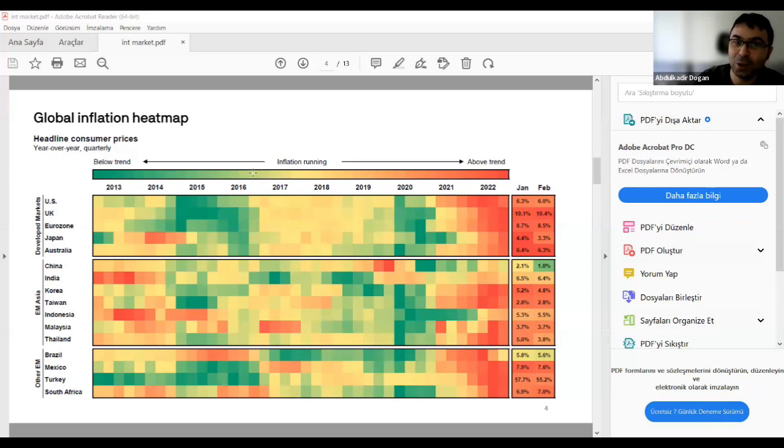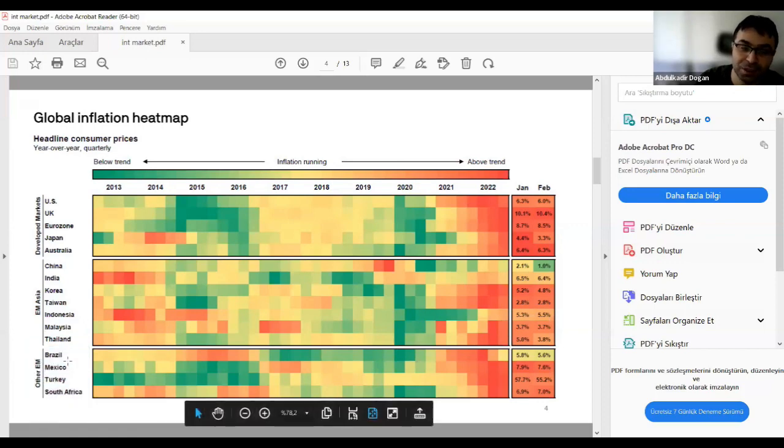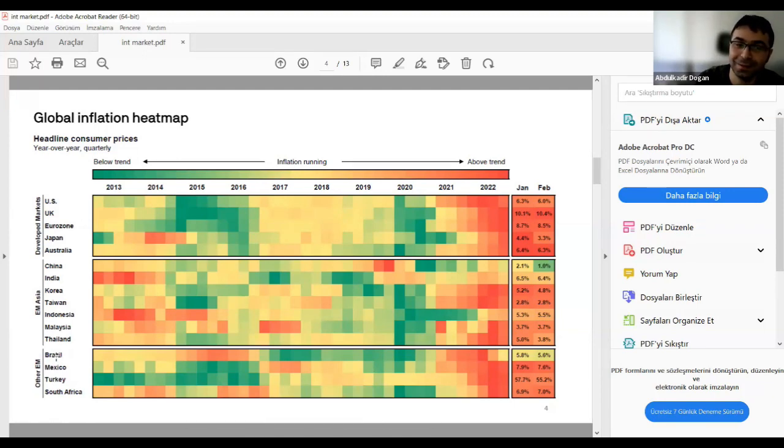And as you see, we have the market here. This is below the trend line, and this is above the trend line. Here we have the developed market, the emerging market, and the other emerging market. We generally call this group better than the emerging markets, but highly volatile, financially fragile 5: Brazil, South Africa, Mexico, Turkey, and Russia.